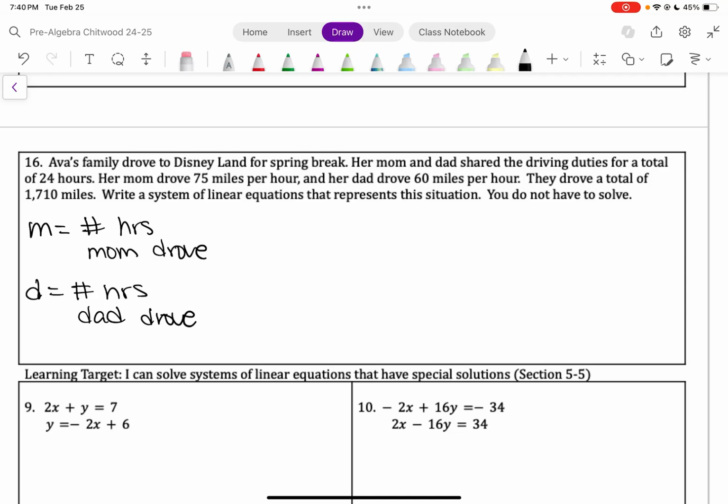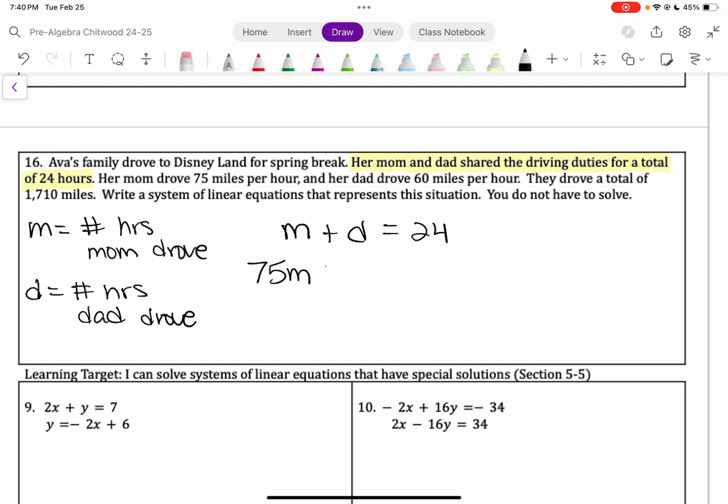So if I know that Mom and Dad shared the driving duties for 24 hours total, then I can say the hours Mom drove plus the hours Dad drove equals 24, and I get that from right here. That's my first equation. Mom drove 75 miles per hour, so I can put 75 here.